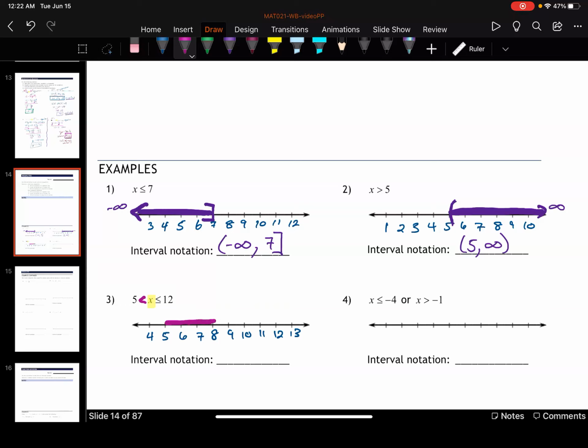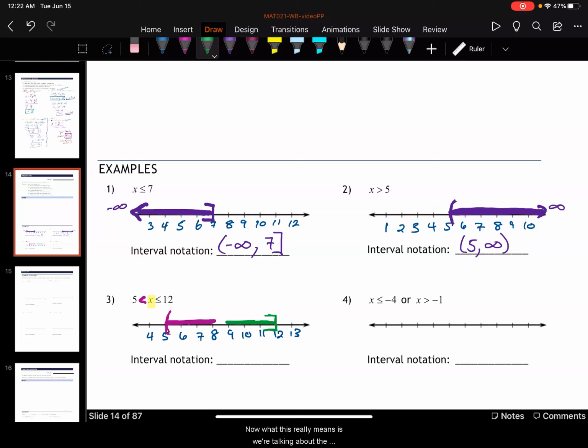Looking at, and we would need a parenthesis facing the right. Looking at 12, x is less than or equal to 12. So at 12, it is actually going to go to the left, and we would have a bracket.